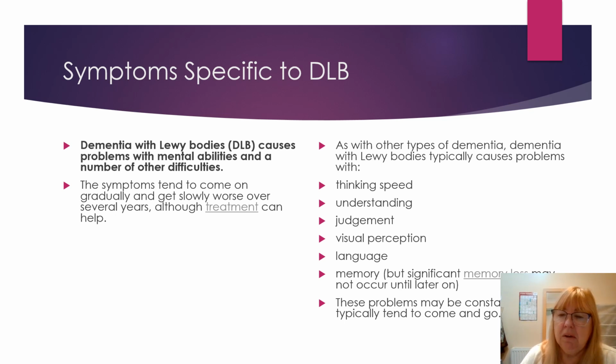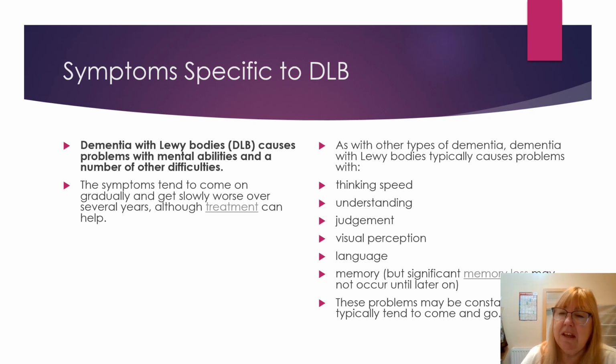Memory, not quite as much as in Alzheimer's. Significant memory loss will occur actually much later down the line with Lewy body. So it's not one of the symptoms that you look at first. It's mainly more the sort of thinking processes.